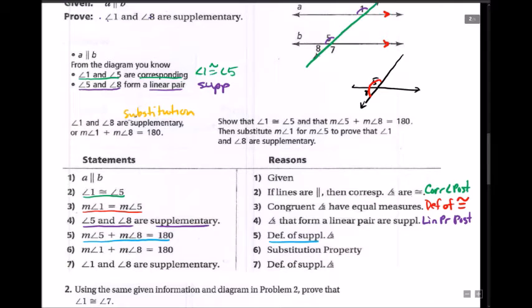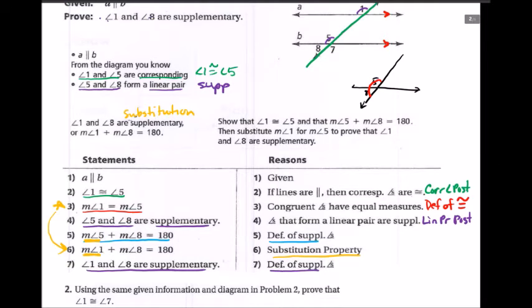We are going to take the angle 5 here and substitute in angle 1 because we know that they are equal. We take this step and just use it right there and substitute. And then we can say that angle 1 and angle 8 are supplementary simply by definition of supplementary. If their measures add to equal 180, that's definition of supplementary.